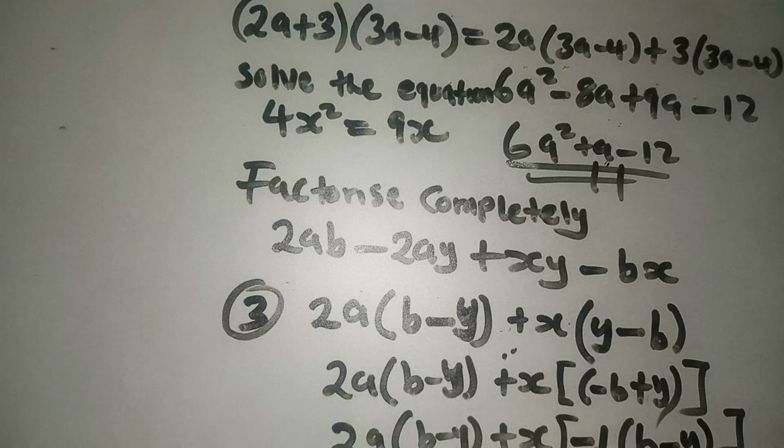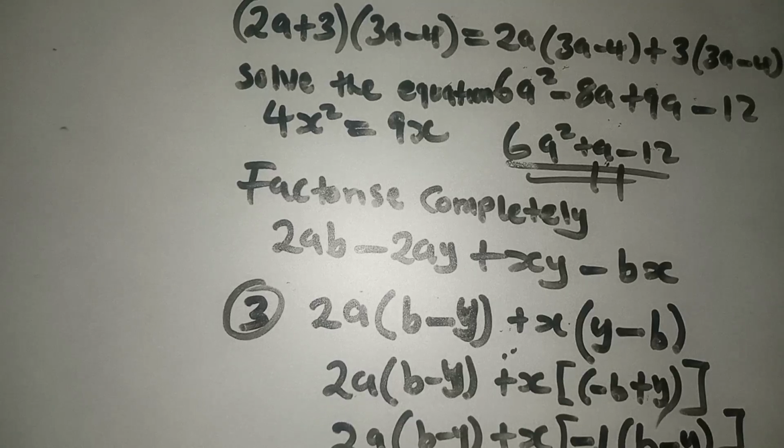So 2a by b minus y close bracket, this one will give you negative x open bracket b minus y. Now if you check, what is in the brackets are similar.